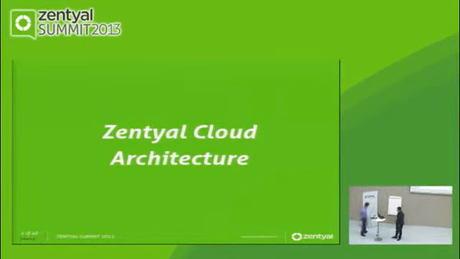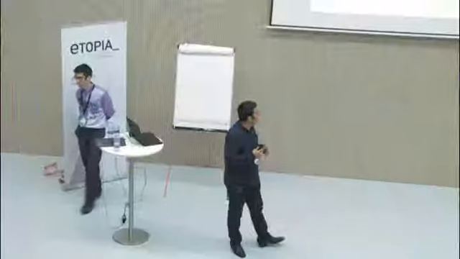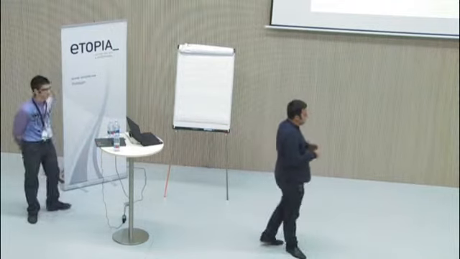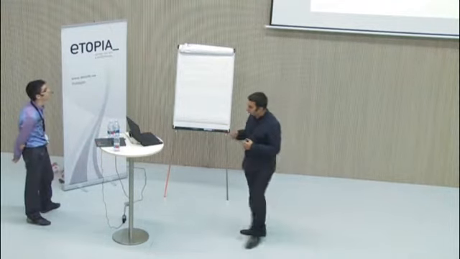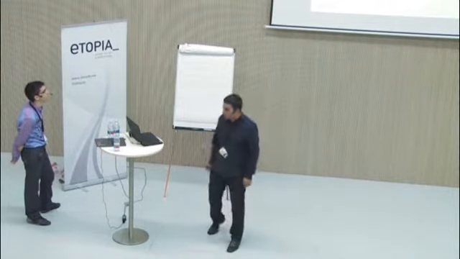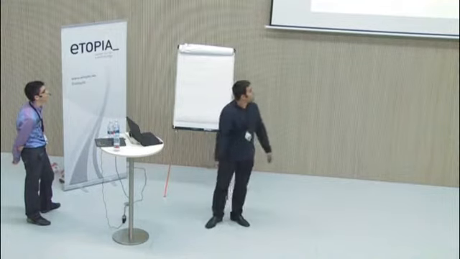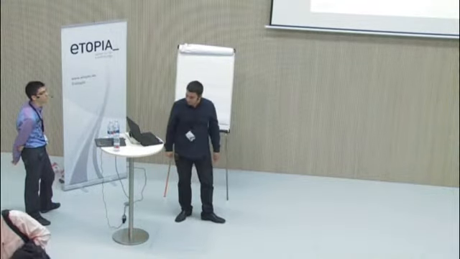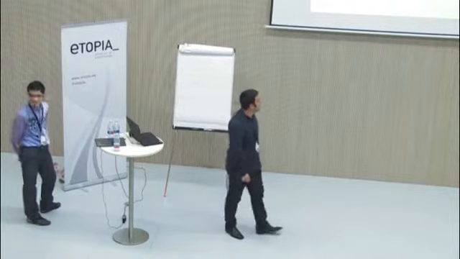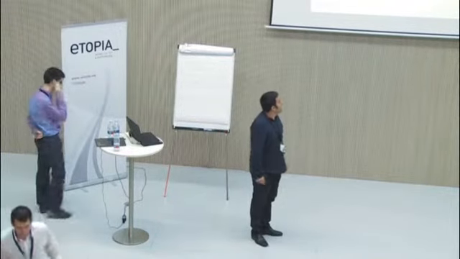First of all, I'm going to explain a little about how the Zentyal Cloud file synchronization architecture works. If you didn't attend Carlos's talk yesterday, I will explain a little more about it. Zentyal Cloud file synchronization is based on the S3 interface.